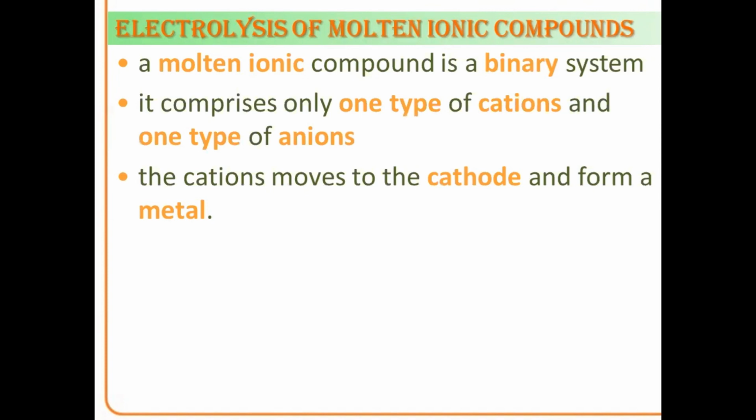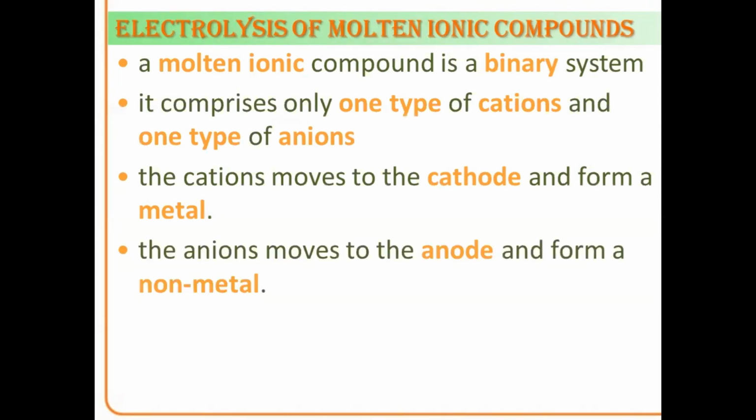They are discharged there, which means they receive electrons and we obtain our metal. The anion, on the other hand, will move to the anode and form the non-metal. At the anode, the non-metal ion will lose the excess electrons and form the non-metal.